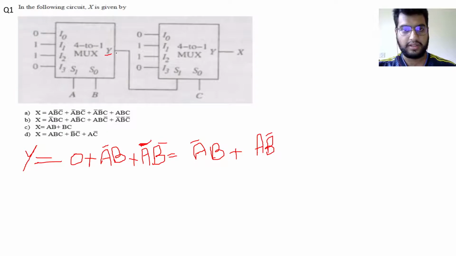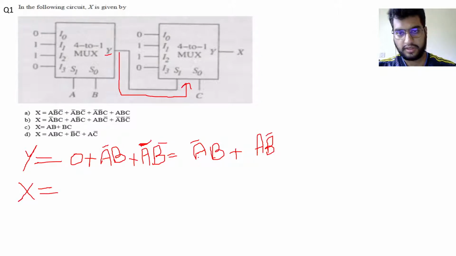Now this Y goes to the select line of this mux, so this is again the same. X will simply be equal to, here A is Y, so Y bar, and B is C, Y bar C plus Y C bar.